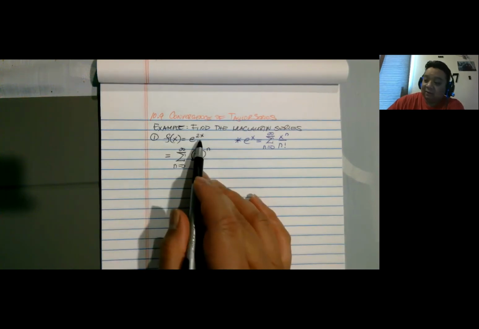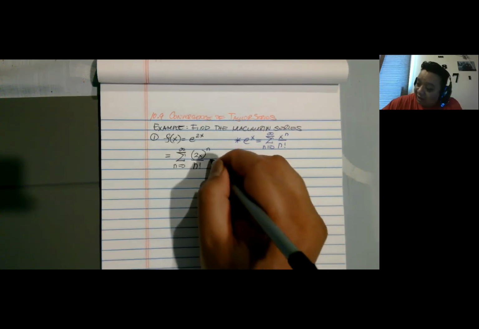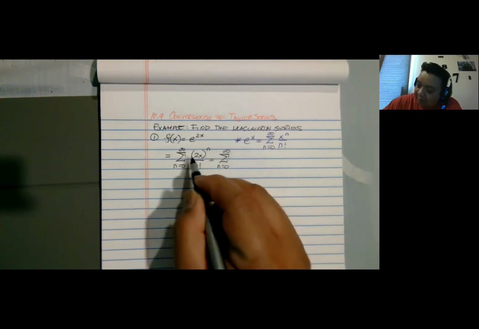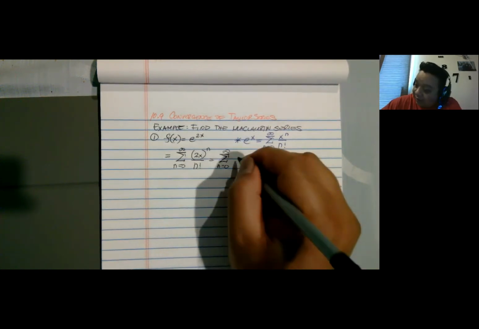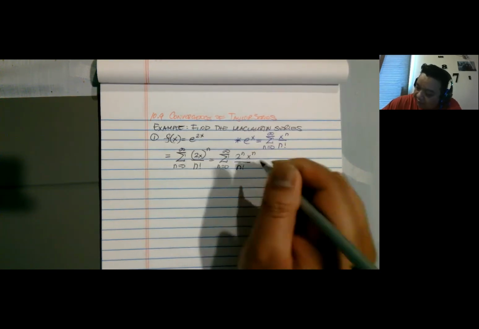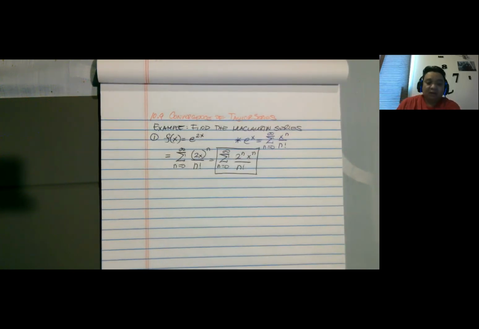I just simply replaced x with 2x. Well, now just write it out nicely. Splitting it up individually, you're going to get 2 to the n, x to the n, over n factorial. And there is your power series. Questions on that? Any questions on it?